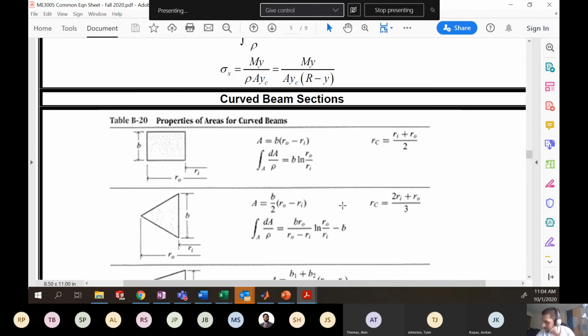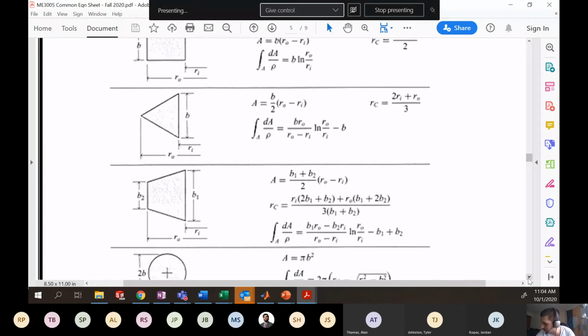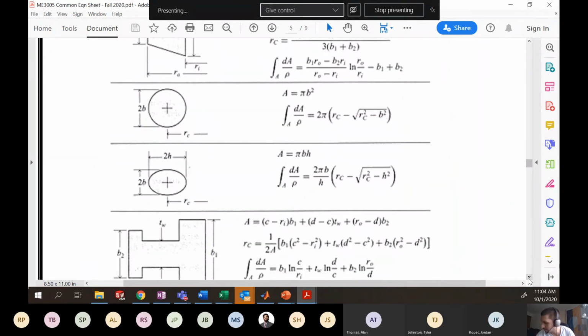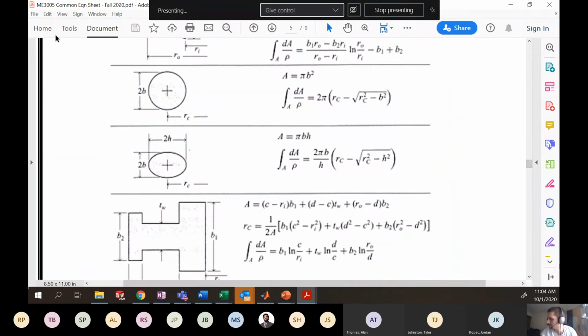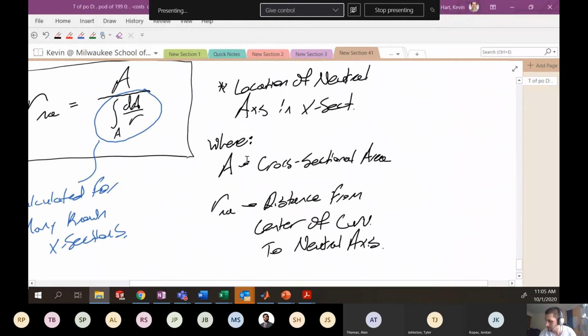So your equation sheet gives you this integral dA on rho for a variety of different cross-sections. Trapezoidal, here's a circular one, here's an oval cross-section. You get the idea. There's also a table in your notes that shows this as well.